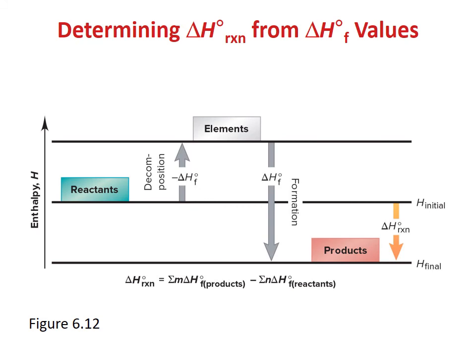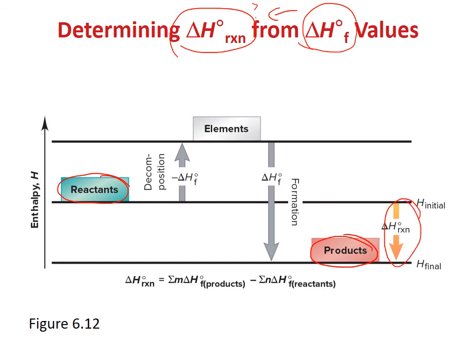So how do we use the standard enthalpy of formation values to calculate the standard reaction enthalpy? Suppose we have a reaction from reactants to the products. The enthalpy change from reactants to the products at the standard state is the standard reaction enthalpy, and we want to find out this enthalpy change.